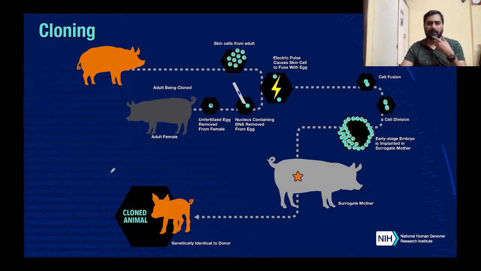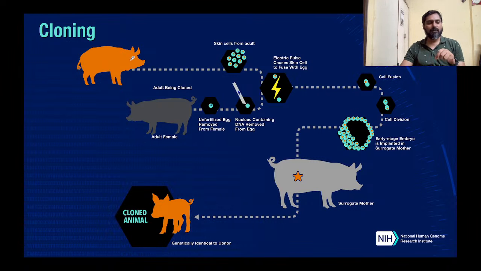So let us look at this cloning. So what are we doing in cloning here? We have seen the 3-parent baby case, and we have tried to understand how we can remove the mitochondrial DNA defect from mother to her offsprings. Now we'll see what is cloning.